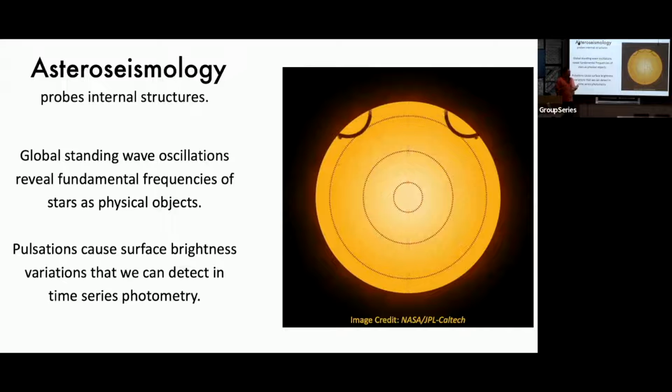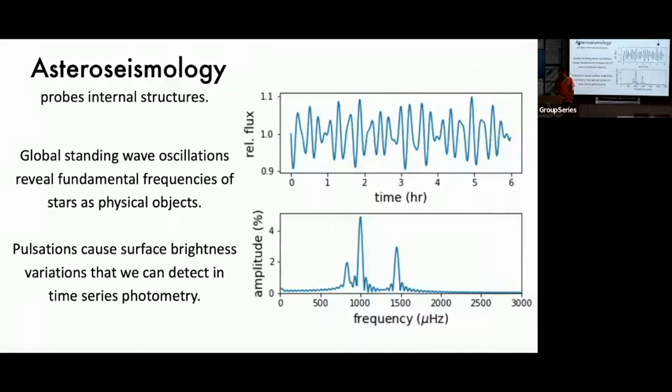The pulsations cause brightness variations that we can measure in precise time series photometry. By analyzing those frequencies, we can compare to models to try to infer something about the interior structures of these stars. Here's an example of what pulsations might look like.